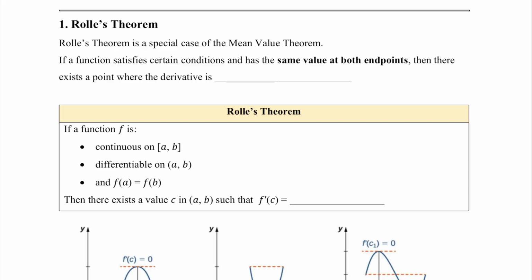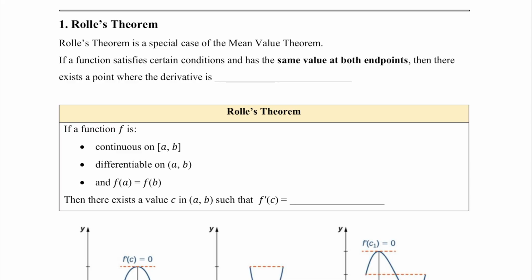Now, before we get to the mean value theorem, we start with something called Rolle's theorem. Rolle's theorem is actually a special case of the mean value theorem, or a simpler version. Here's the idea.